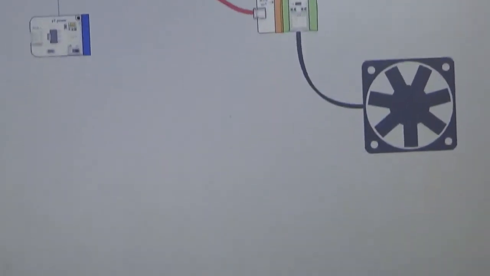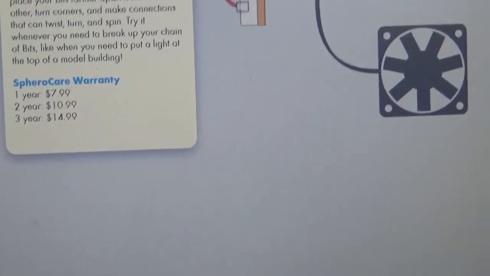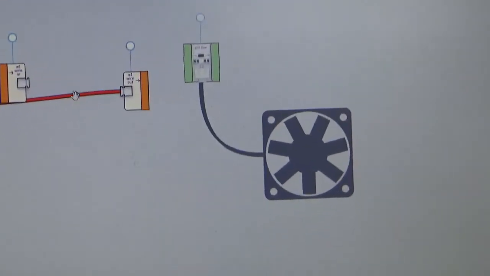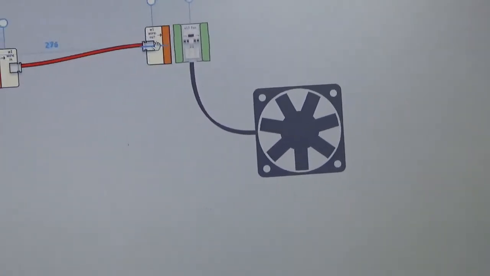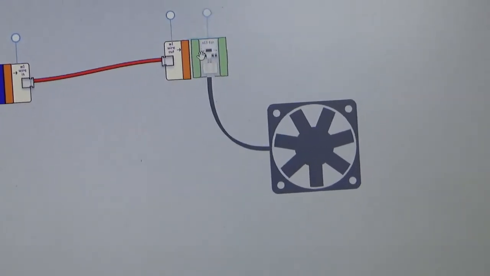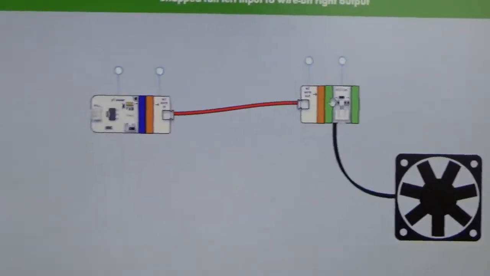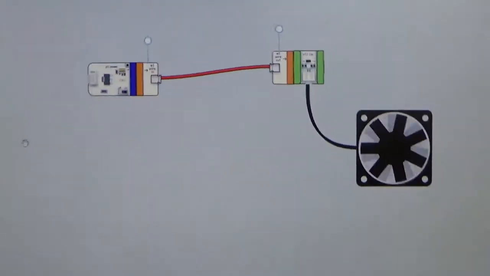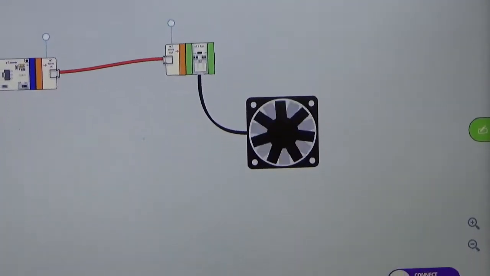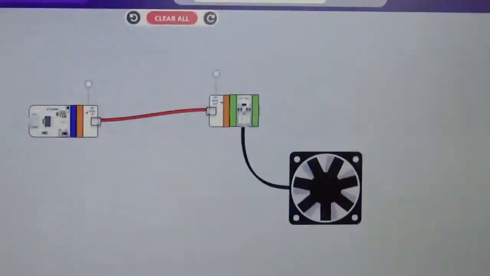Hold on. So we got that wire, and that wire. Now let's see what happens when we click the simulator. And again, it works. Basically the same thing, we just connected it with a wire. Alright, now we're going to stop this simulation.